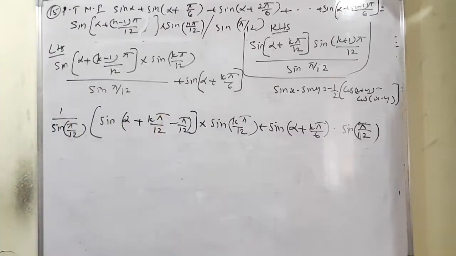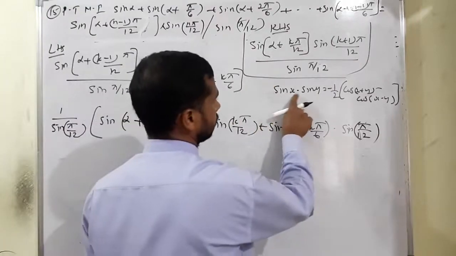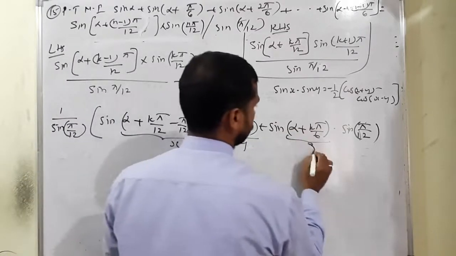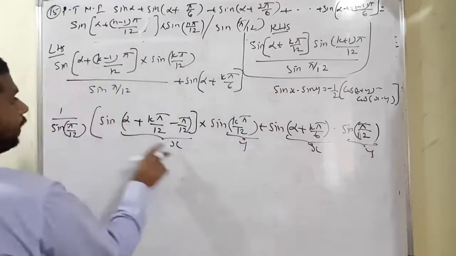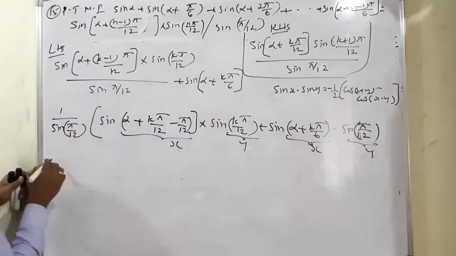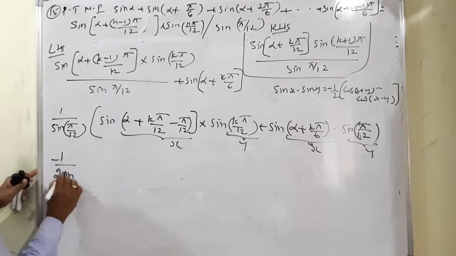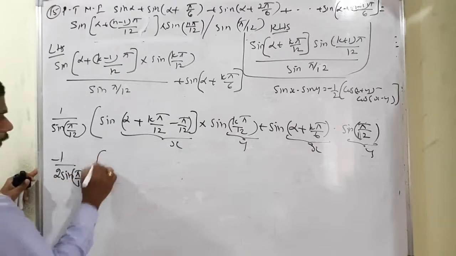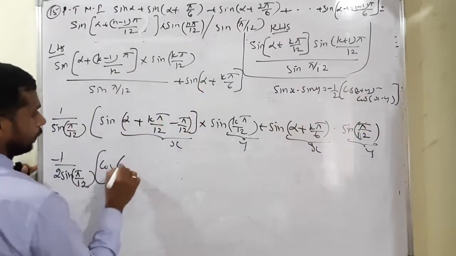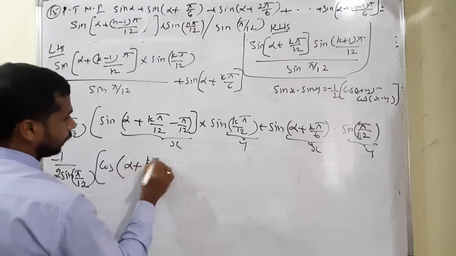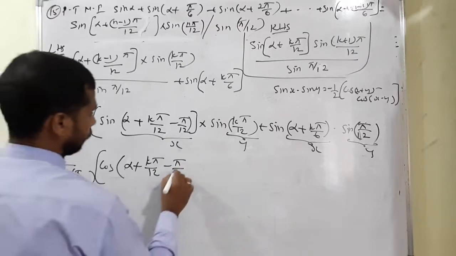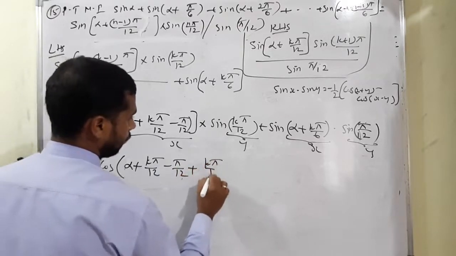Okay. Now we have to apply the trigonometric formula, sin x into sin y. This whole term is x, this is y, as well as in the second term also x and y. So sin x into sin y is minus 1 by 2 times, take 2 common outside, therefore minus 1 by 2 sin pi by 12, then inside, the angle: cos of x plus y, where x is alpha plus k pi by 12 minus pi by 12 plus k pi by 12.